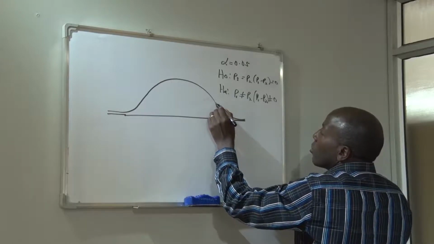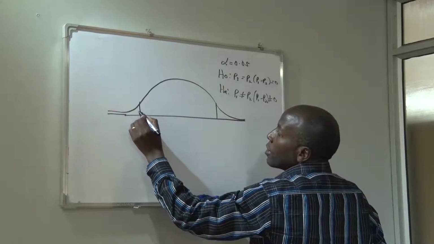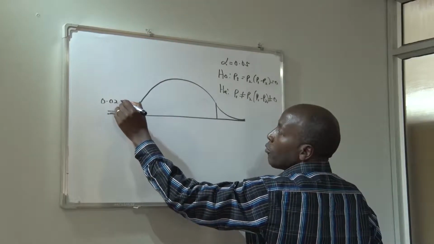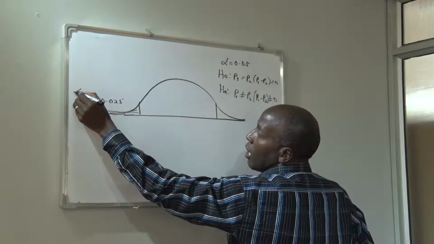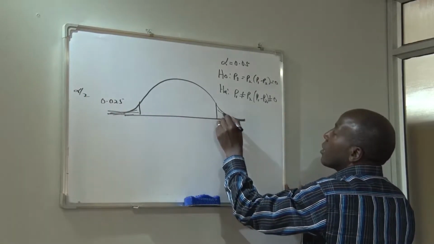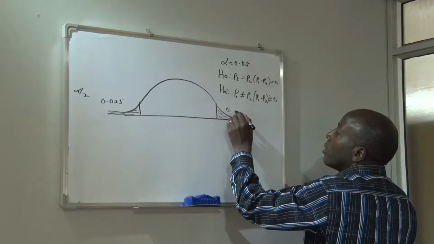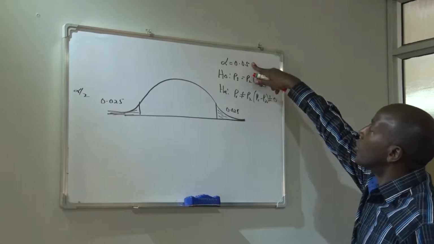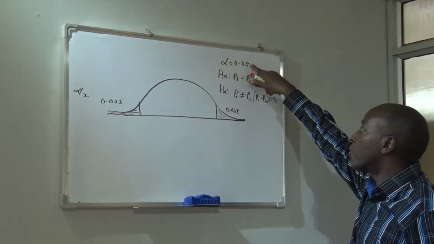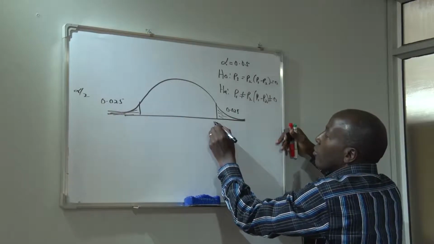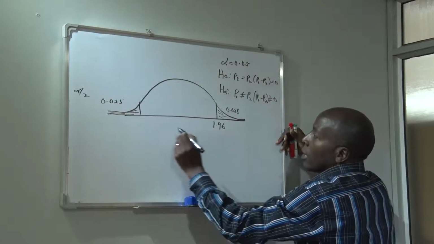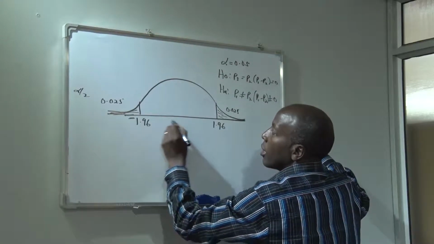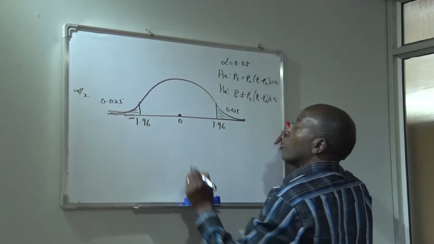Because we are using a two-sided test, our alpha is divided into 2. So here we have 0.025, which is alpha over 2, and this side we also have 0.025. Now when you go to the Z tables, the cutoff value is 1.96, and because of symmetry, it is minus 1.96 this side, and here is our 0.